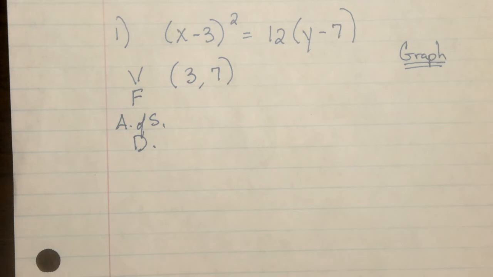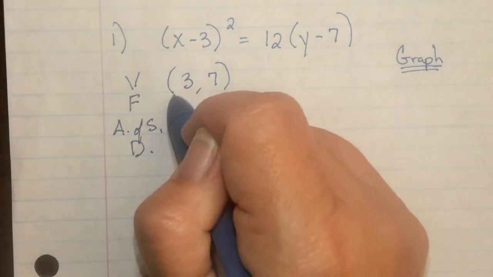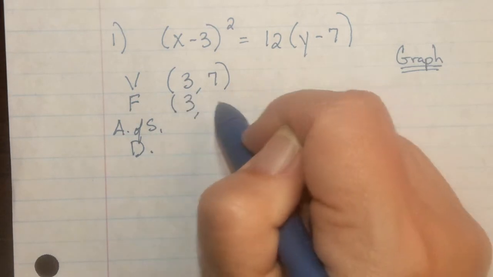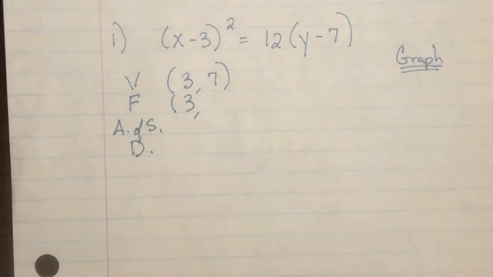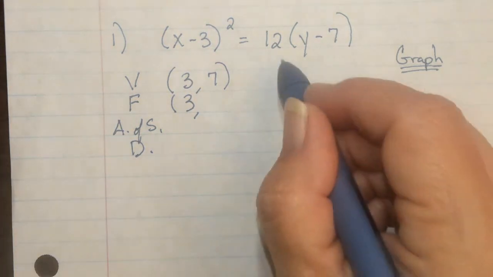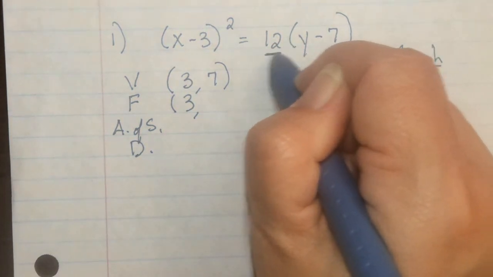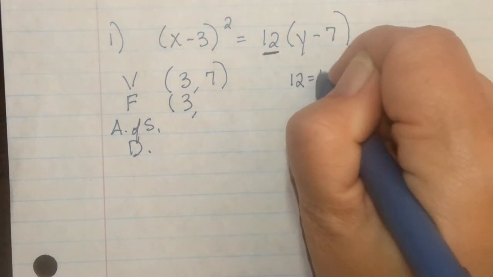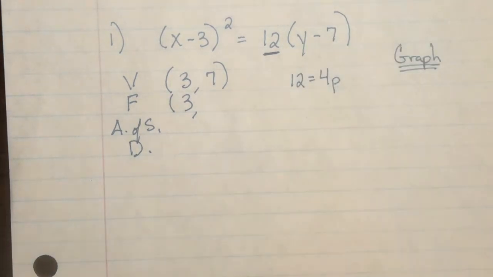Now my focus is h, which is 3, and then it's k plus p. So now I got to figure out what p is. So you see this 12 right here? That 12 is equal to 4p according to the equation.